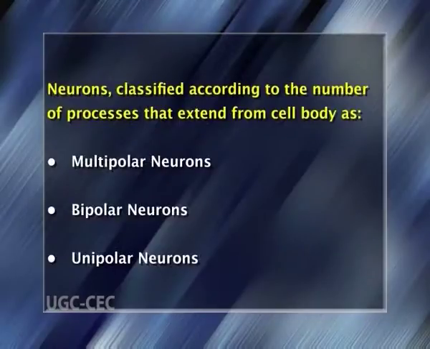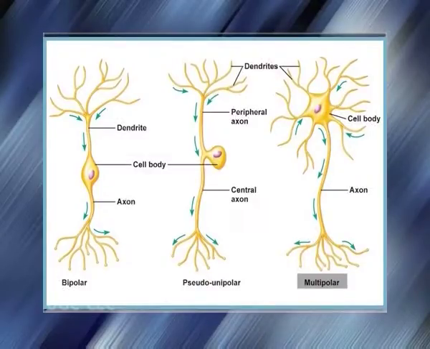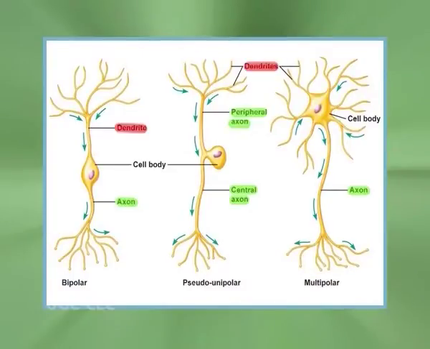Neurons can be classified according to the number of processes that extend from the cell body as multipolar neurons, bipolar neurons, and unipolar neurons. Multipolar neurons are the most common type. They have several dendrites and one axon extending from the cell body. Bipolar neurons have two processes extending from the cell body, an axon and a single dendrite.